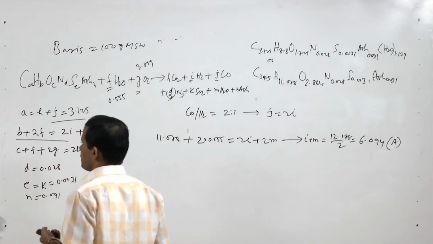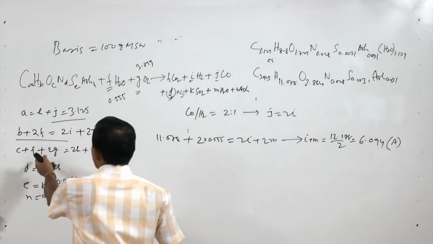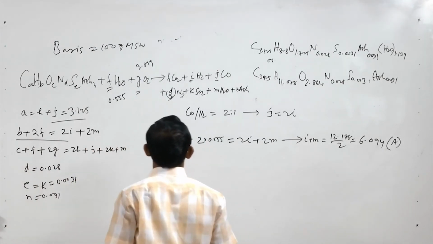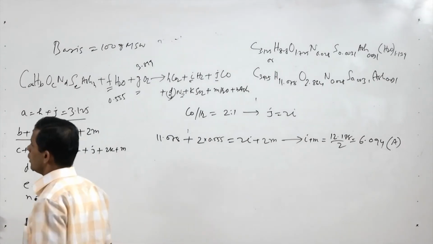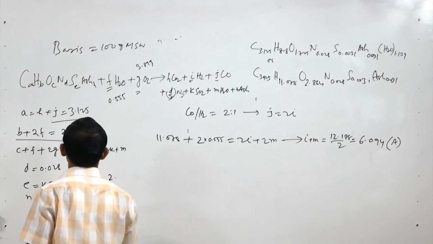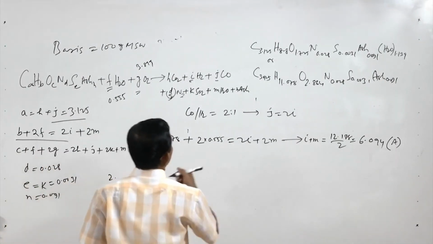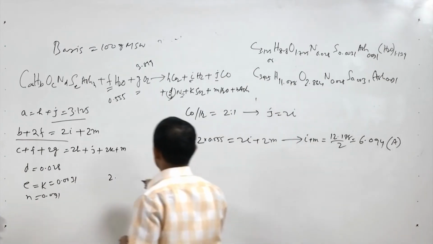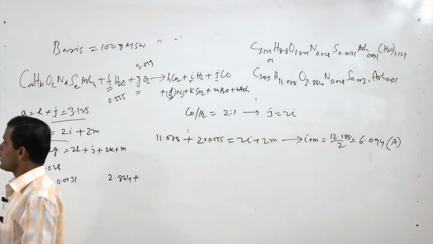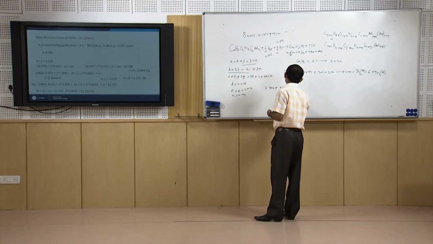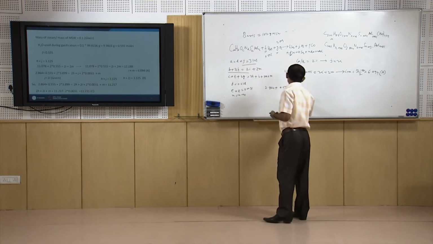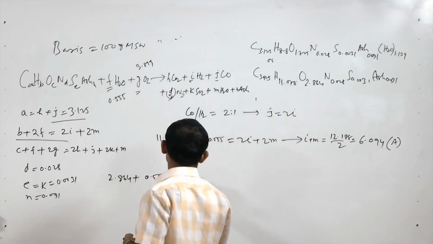Another expression we are having: C plus F plus 2G. So, what is our C? C is equal to the oxygen content, that is equal to 2.864, plus F is equal to 0.555, and 2G, so 2 into 3.899.